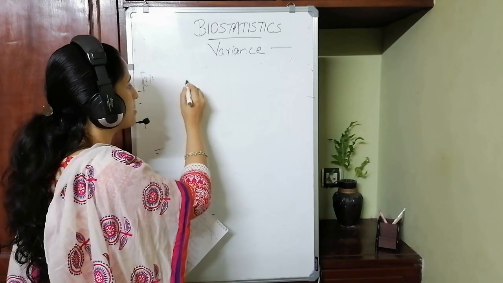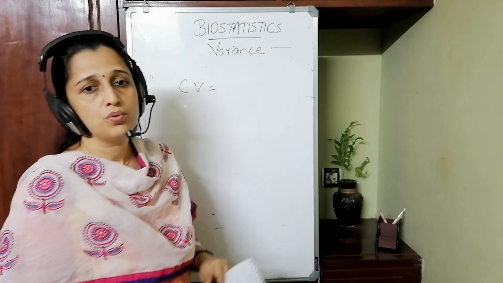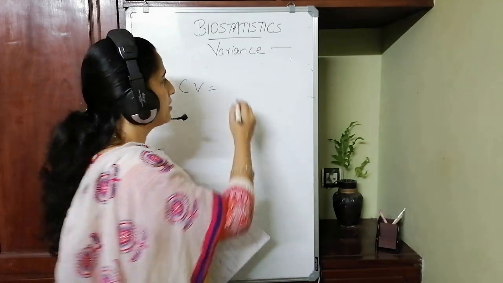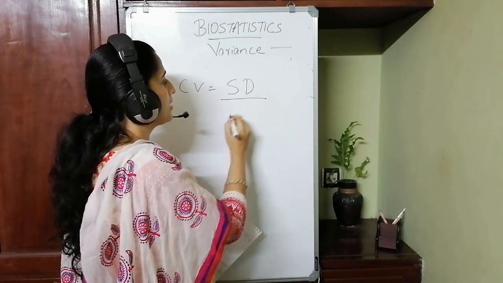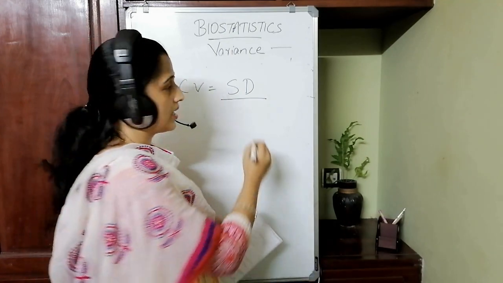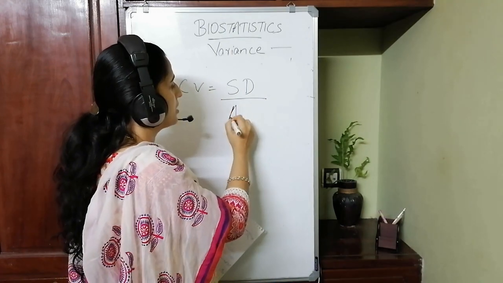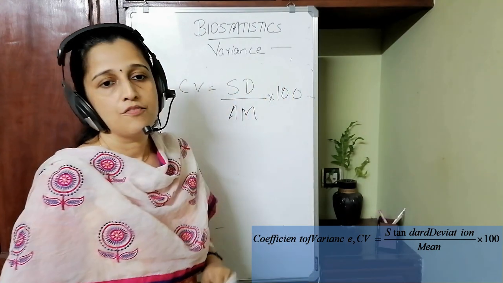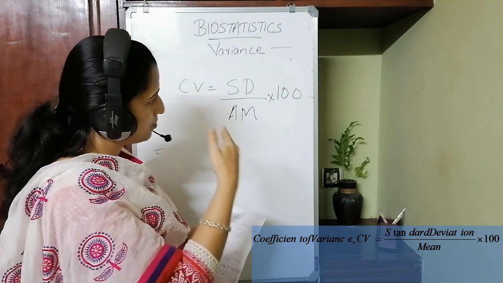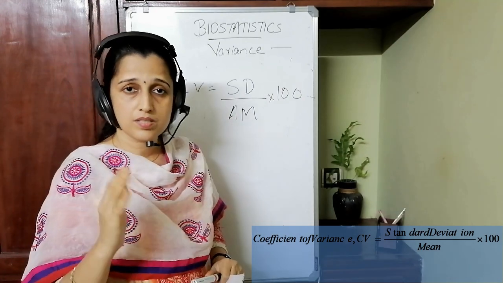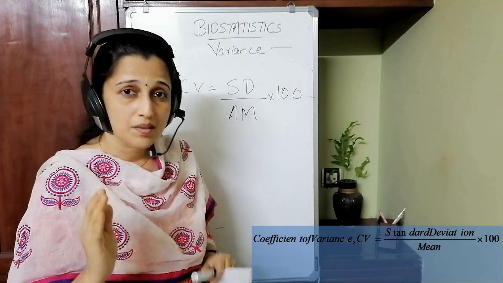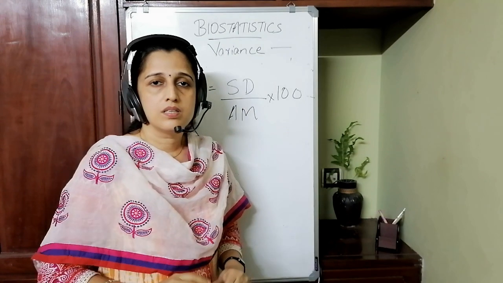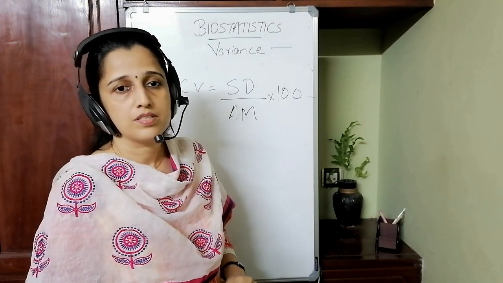Coefficient of variance, or CV, is equal to standard deviation divided by arithmetic mean into 100. Simply standard deviation by arithmetic mean into 100, and this is much more efficient to compare the two distributions or efficiency.